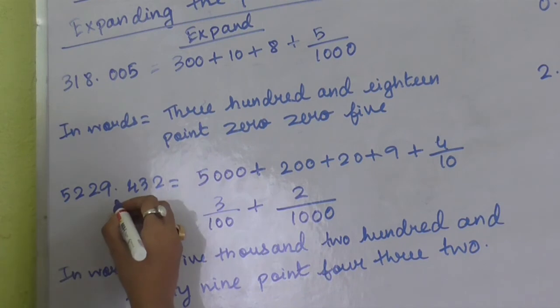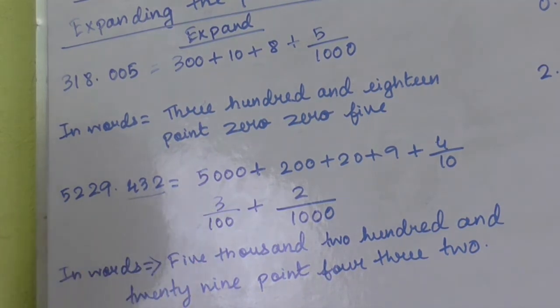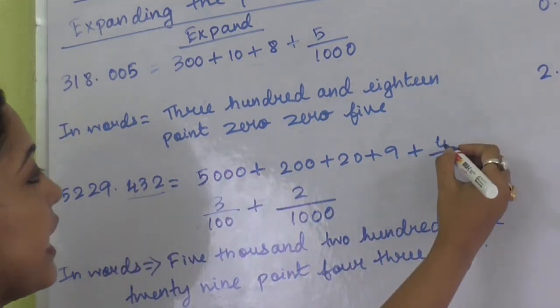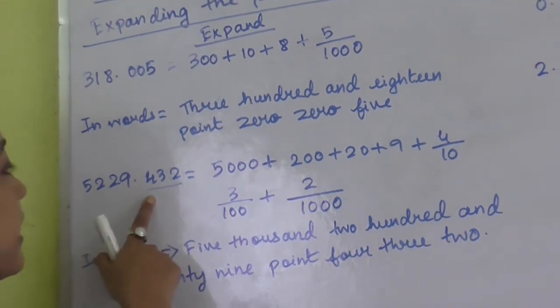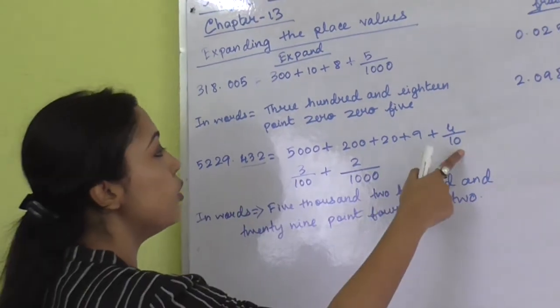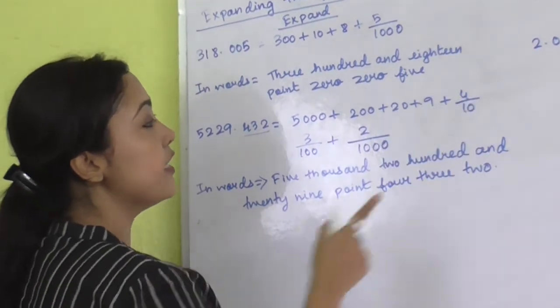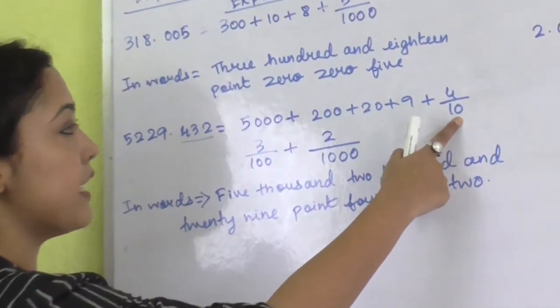And on the right hand side of the decimal point, here you can see 3 numbers have been given. So the first number is 4. So I will just write this 4 over here. This is the first digit after this decimal point, so I will take only 10 for that. Since I am considering this one digit, I will just take this 10.